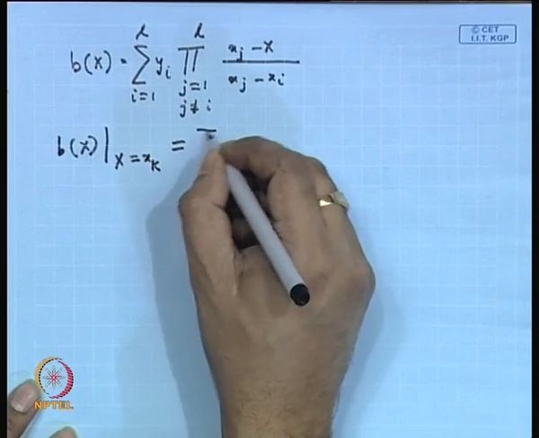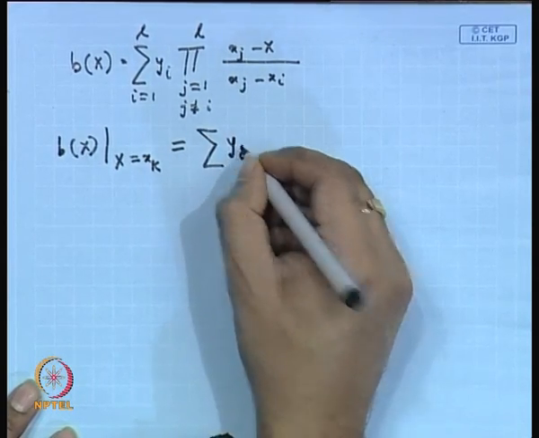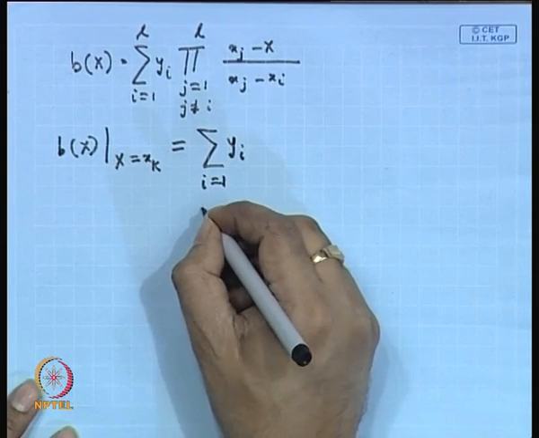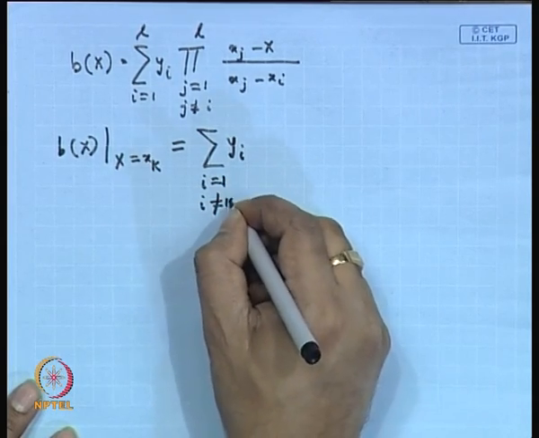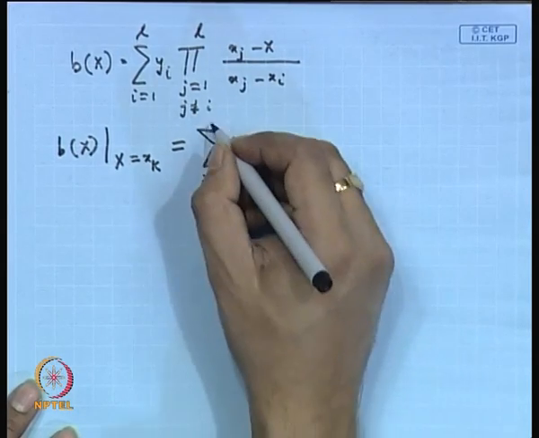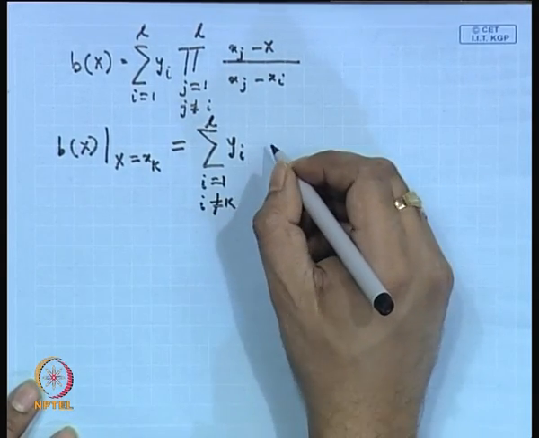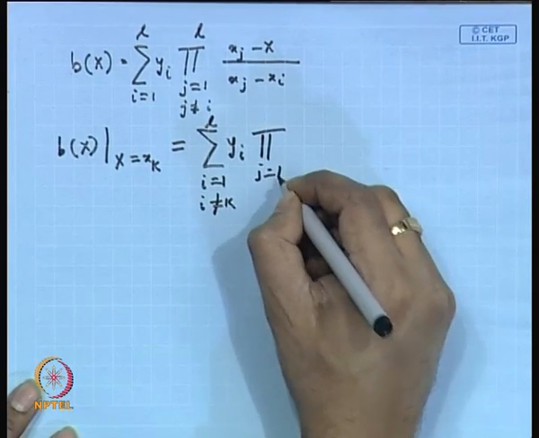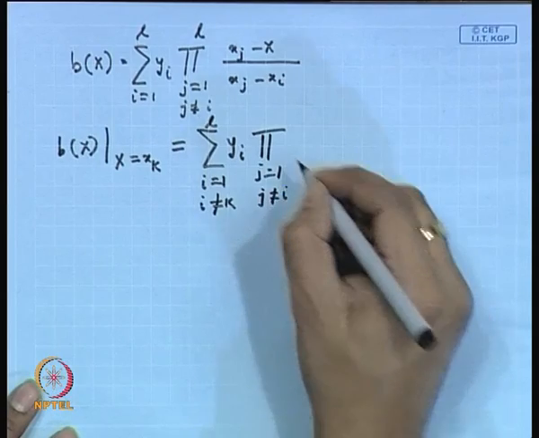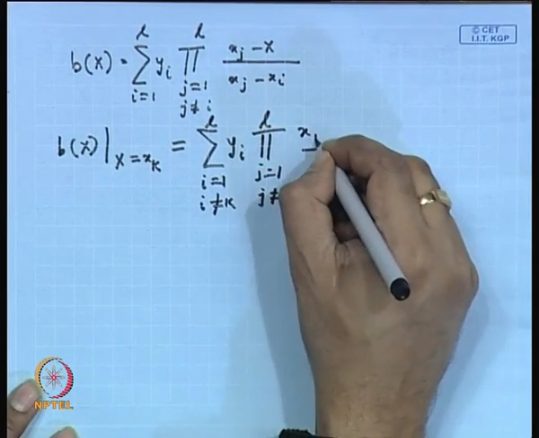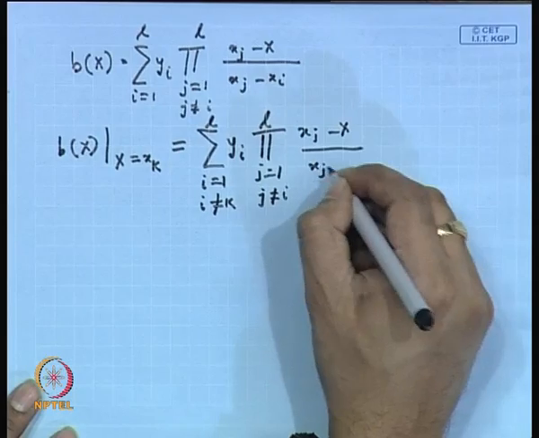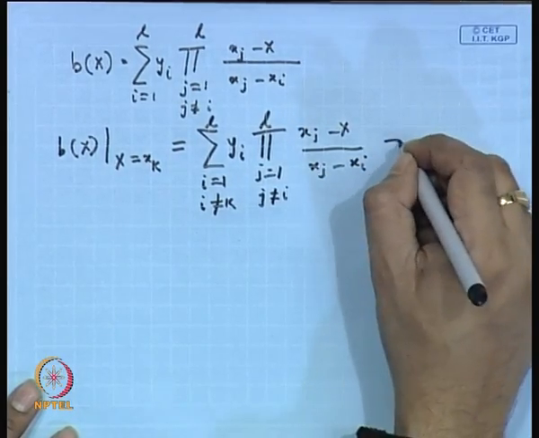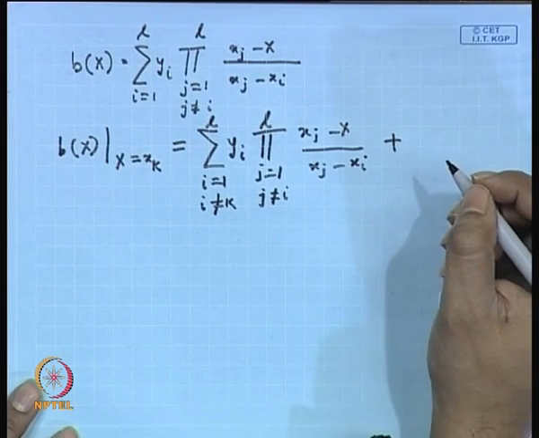So that is equal to, we again take the sum of y_i from i equal to 1 to L, where i is not equal to k, and then you have y_i times the product over j not equal to i of (x_j minus x) divided by (x_j minus x_i), plus the value when i is equal to k.